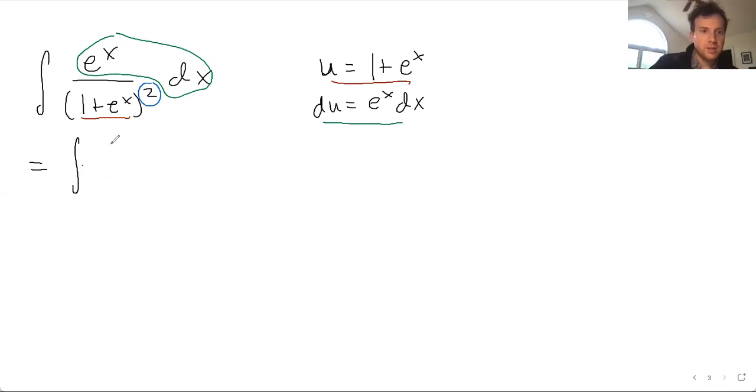Rewriting this, 1 over 1 plus e to the x is u, so that's u squared, and then e to the x dx becomes du.